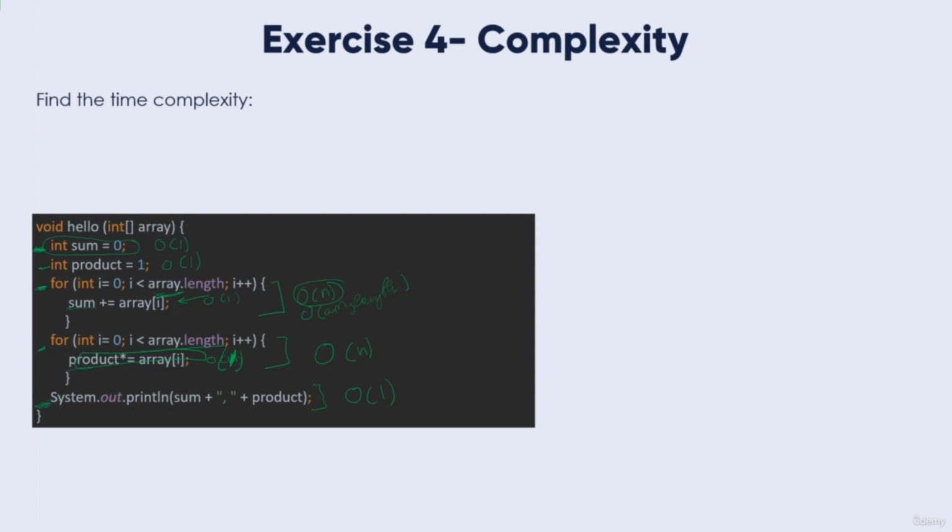If we sum 1 plus 1 plus n plus n plus 1, we have 2n plus 3. We take the highest term and remove the constant from this term. It will result in O of n. So in this way, we are solving every exercise and understanding the time complexity for every question.